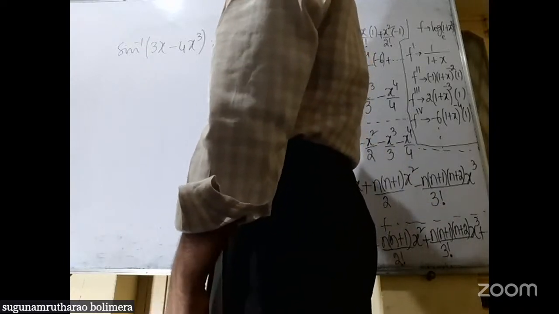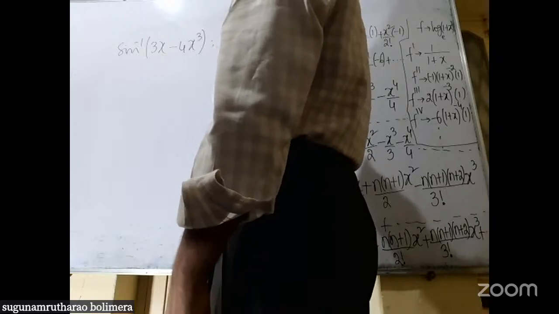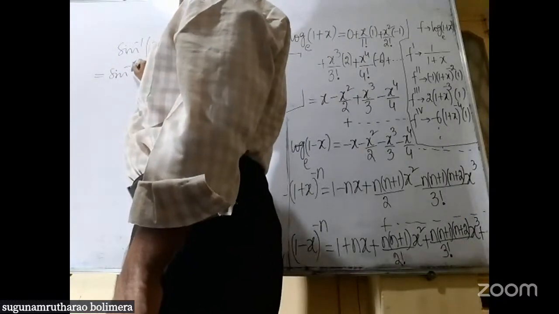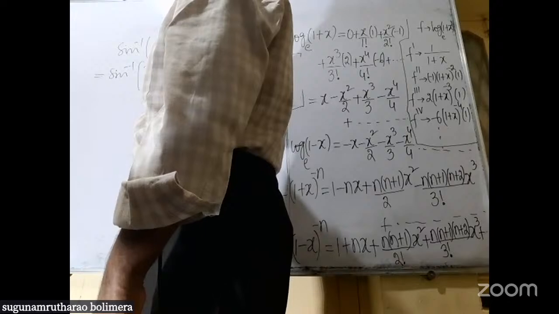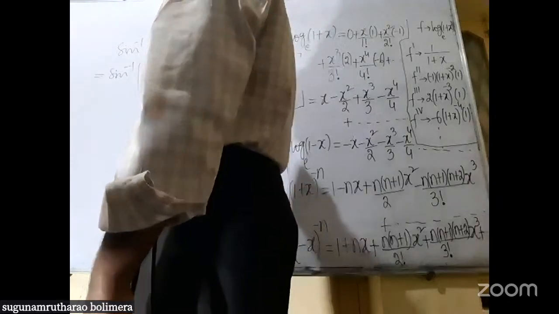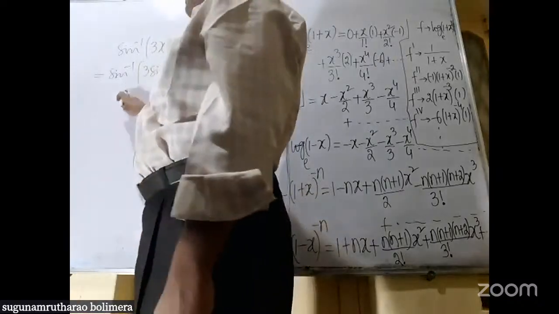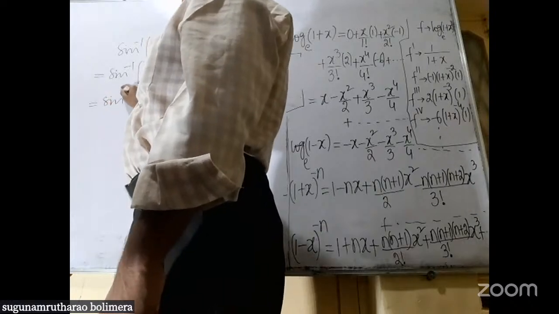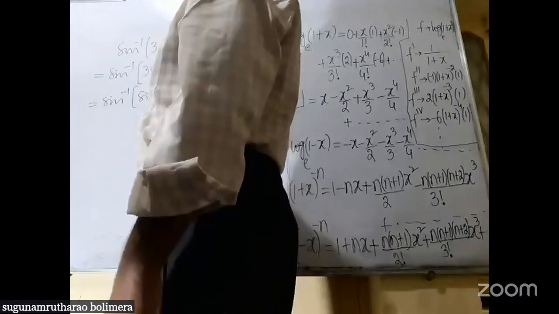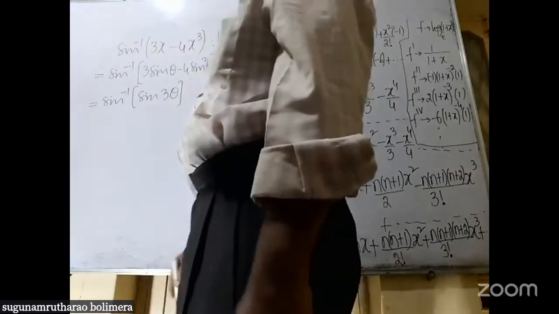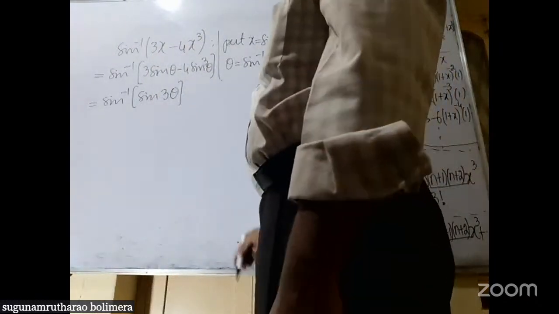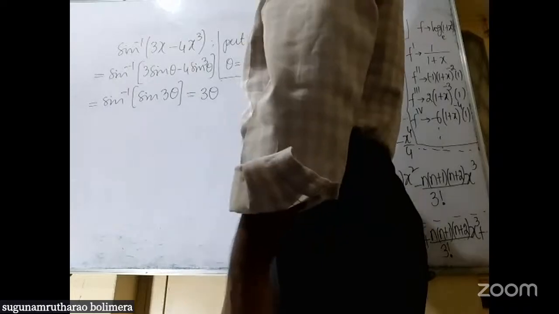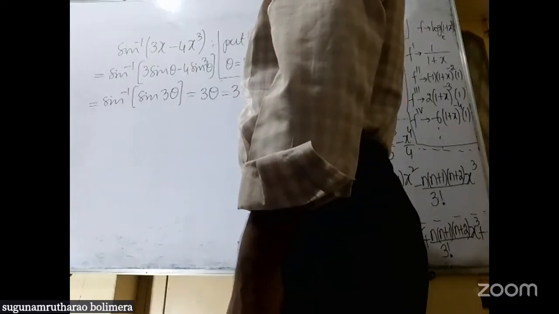Then theta equals to sine inverse x. You substitute that here. This will be sine inverse of 3 sine theta minus 4 sine cubed theta. So this is equals to sine inverse of sine 3 theta. Sine inverse of sine means it is nothing but 3 theta. This is equals to 3 sine inverse x.